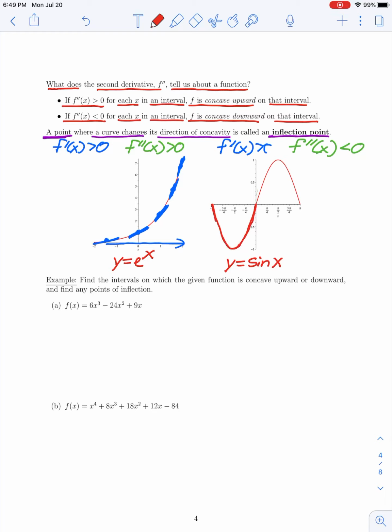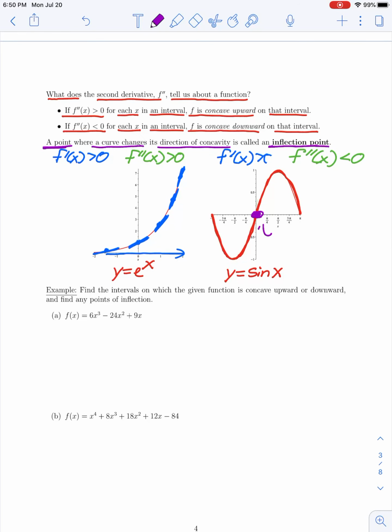It's sort of like an upward opening bowl. And then from 0 to pi, our function appears to be concave downward. It looks sort of like a downward opening bowl. So this point, in this case 0, 0, where we changed from concave upward to concave downward, is referred to as an inflection point.